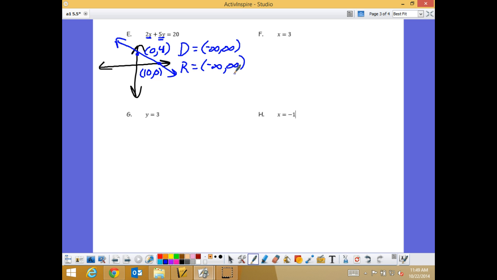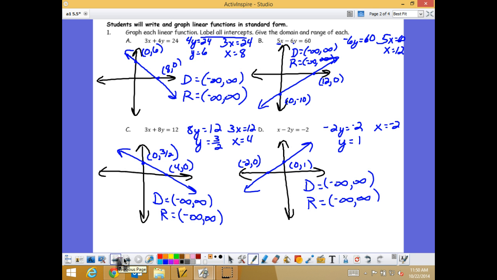Now, with the last three, these are special cases of lines. And one thing to remember with these is you'll notice that in all 5 of the previous examples, the equation had both an x and a y in them, and the lines ended up crossing both the x and the y axis.